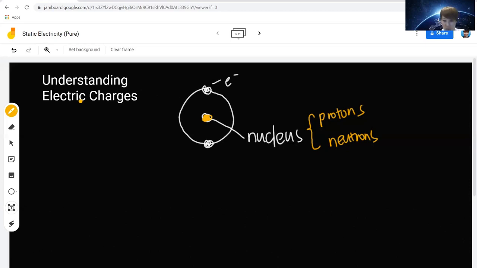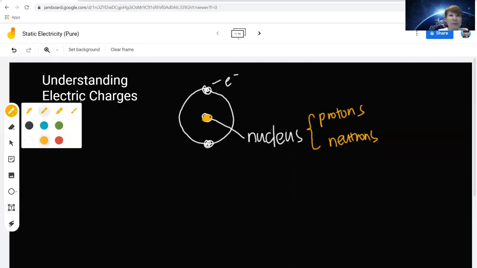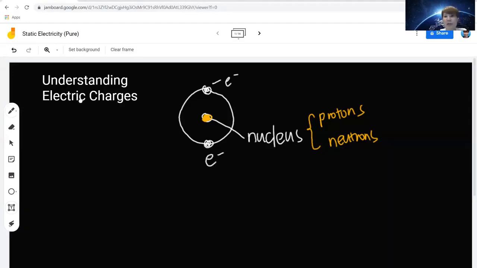Okay, so let's take a look at this particular atom. Let's say, for example, it has 2 electrons, 2 protons and 2 neutrons. We call this an atom at a neutral state.